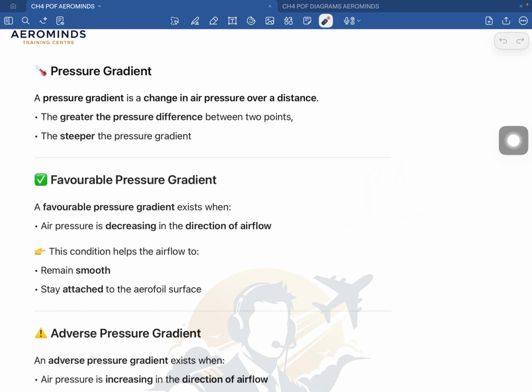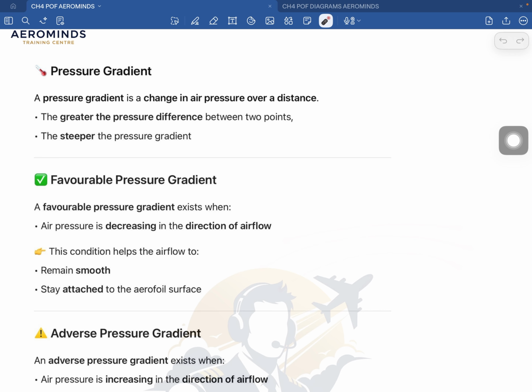Now imagine you move from one point in air to another point in the air. If the pressure at the second point is different from the first, what will happen? Then we can say that there is a change in pressure over distance. We have traveled some distance and there is a change in the pressure. Now that change in the pressure over a certain distance is called pressure gradient.